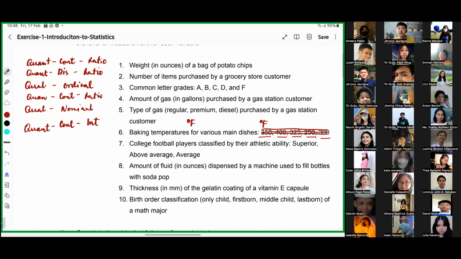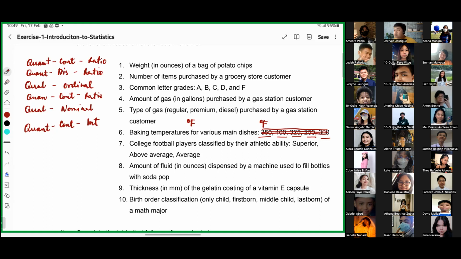Not necessarily baking. I mean, of course, wala nagbe-bake ng 0, no? What is 0 degree Fahrenheit in Celsius? May init pa ba yun? Sige, convert nga natin. 0 degrees Fahrenheit in Celsius. That's negative 17.